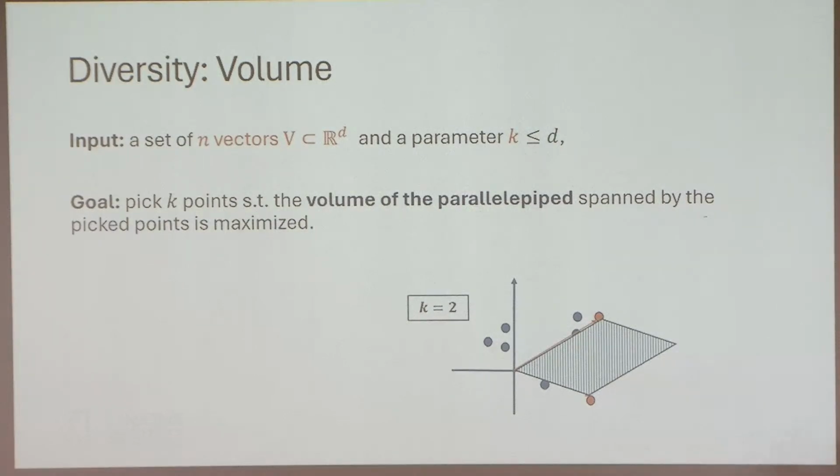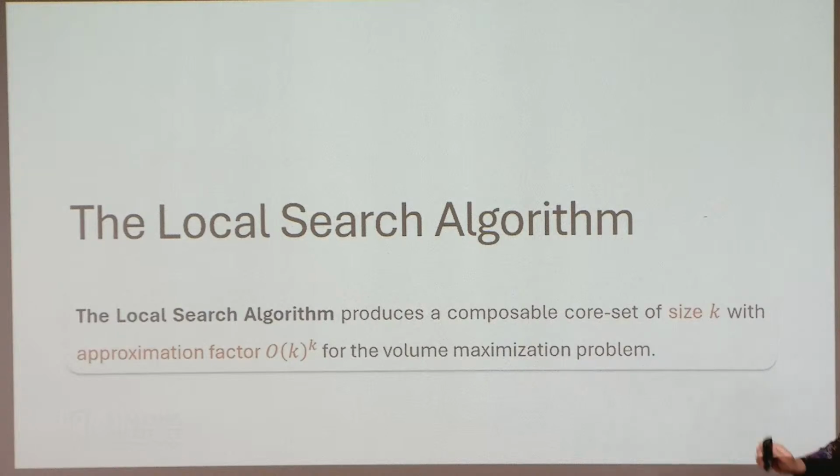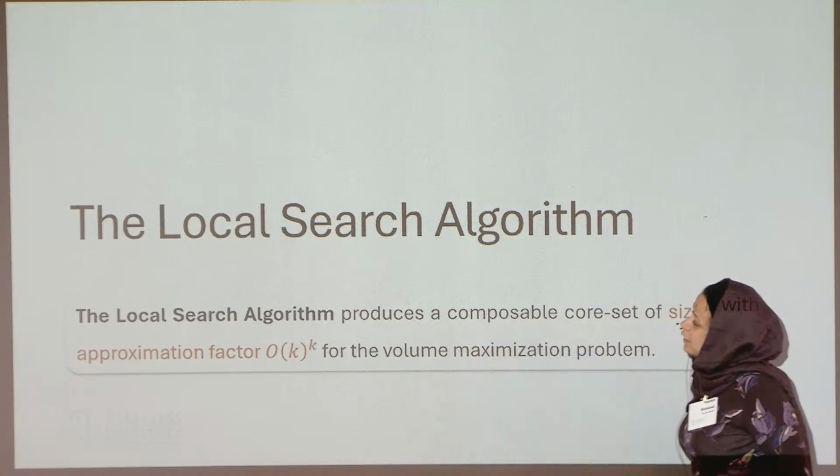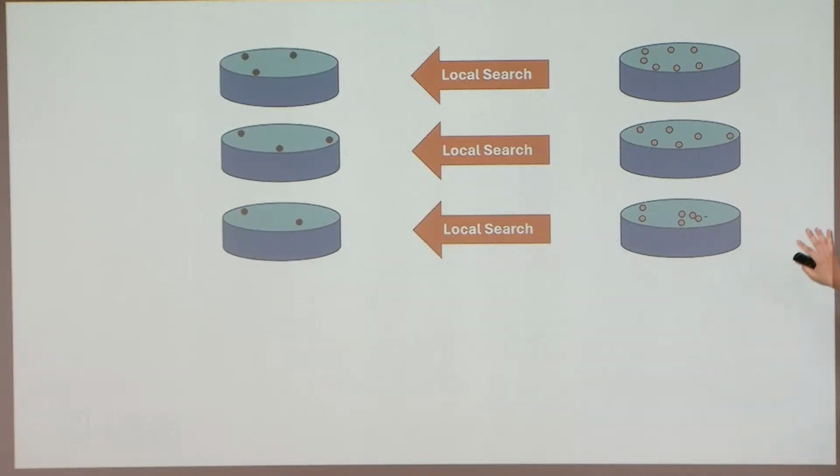Again, the goal is to find a coreset for this problem, and we are going to show that some variant of the local search algorithm produces a coreset of size roughly k and approximation factor roughly k to the k. So what we need to show is the following.